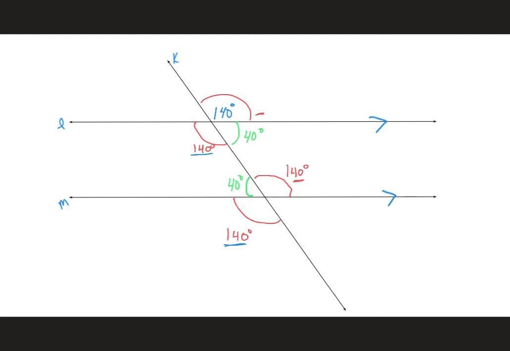And then because of either vertical or corresponding, we can say that the outside angle is 40 degrees because it's corresponding with this angle and also vertical to this angle. We can also say that this last angle that we're missing is 40 degrees because it's corresponding with this angle and also vertical. So now I have all the angle measurements of the angles formed by the parallel lines.